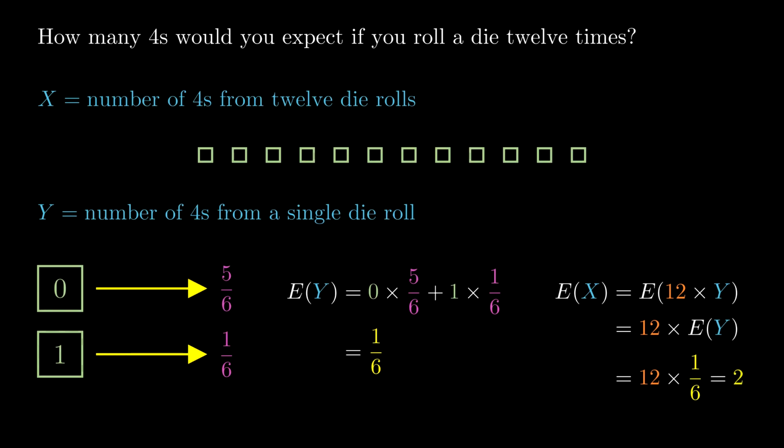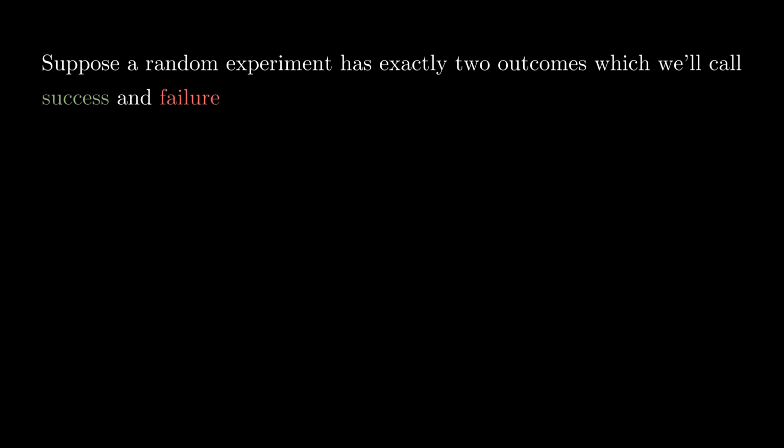And like we said before, our new formulation allows us to work with more complicated random variables and probability distributions, right? This was just a special case where you're repeating the same experiment over and over again. But it's worth mentioning, so let's just write that out properly now. Okay, so suppose a random experiment has exactly 2 outcomes, and we'll label those 2 outcomes as some kind of success and failure condition.